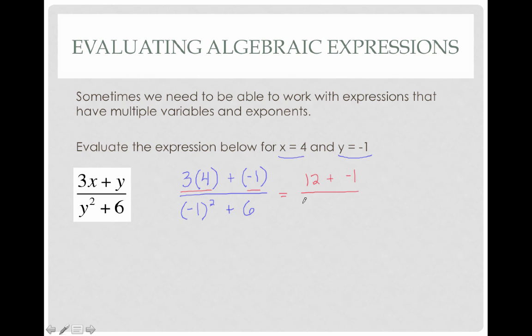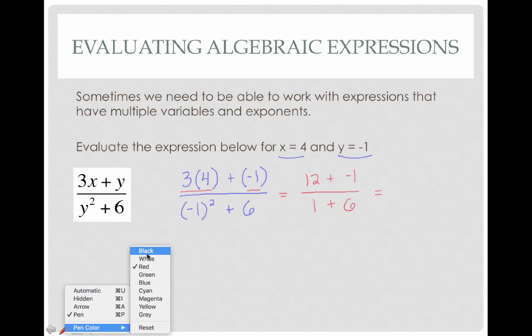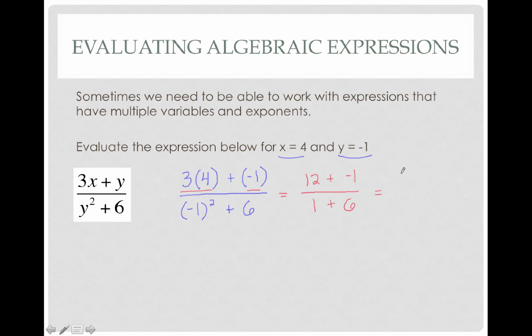Well, negative times a negative is going to be positive 1 plus 6. And, well, that just equals 12 plus negative 1 is 11. 1 plus 6 is 7. It's an improper fraction, so 7 goes in 11 one time with the remainder of 4. So there we go. We just evaluated this expression for when x equals 4 and y equals negative 1.